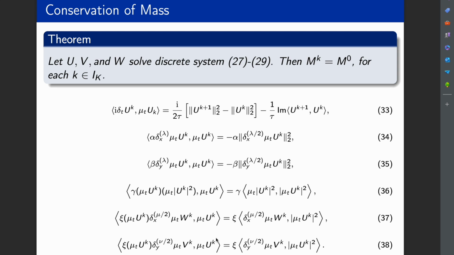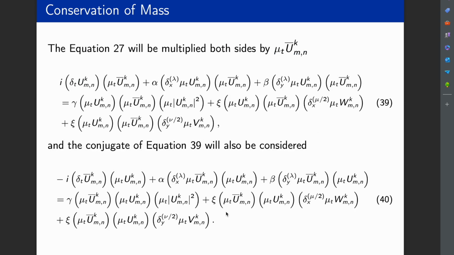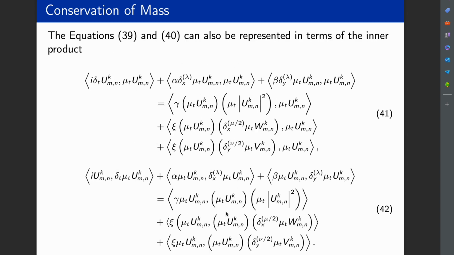In order to demonstrate that, we need the following identities, which we are going to be using for the following process. First of all, we take equation 27 and multiply it by the temporal average operator and the conjugate of U. Then we take the conjugate of this equation and make the inner product representation of those two equations.